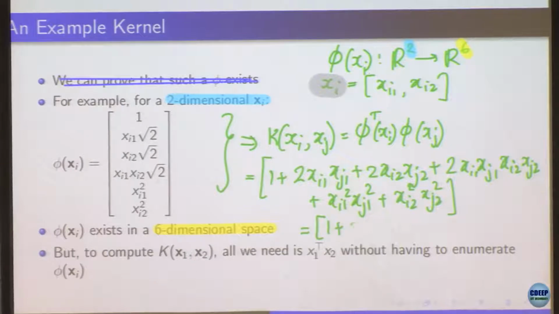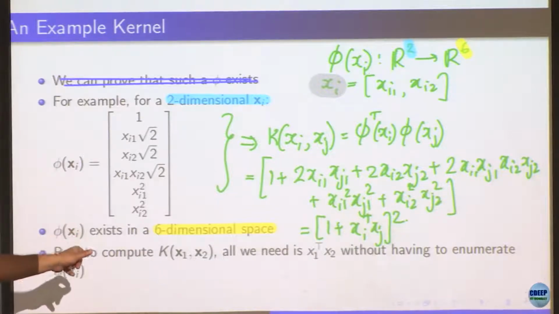show that this is nothing but xi transpose... Is this what you're saying? Square of the entire thing or the square of xi xj transpose?